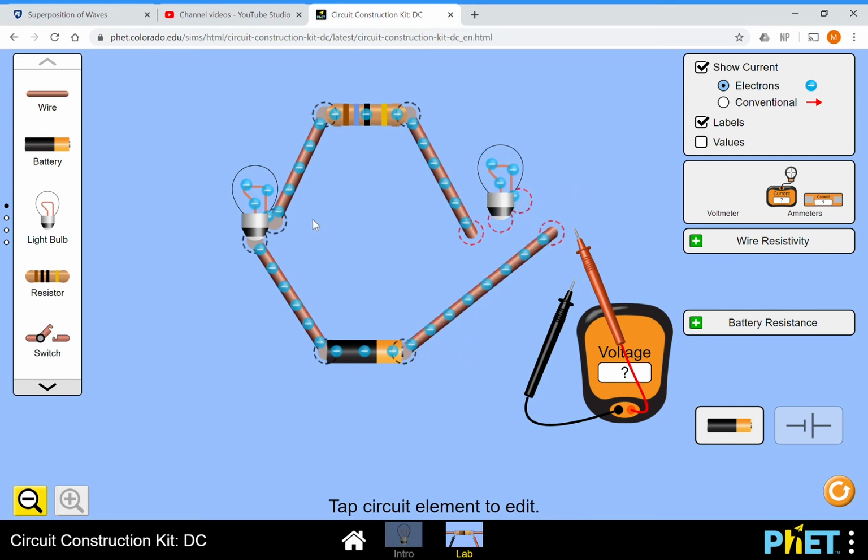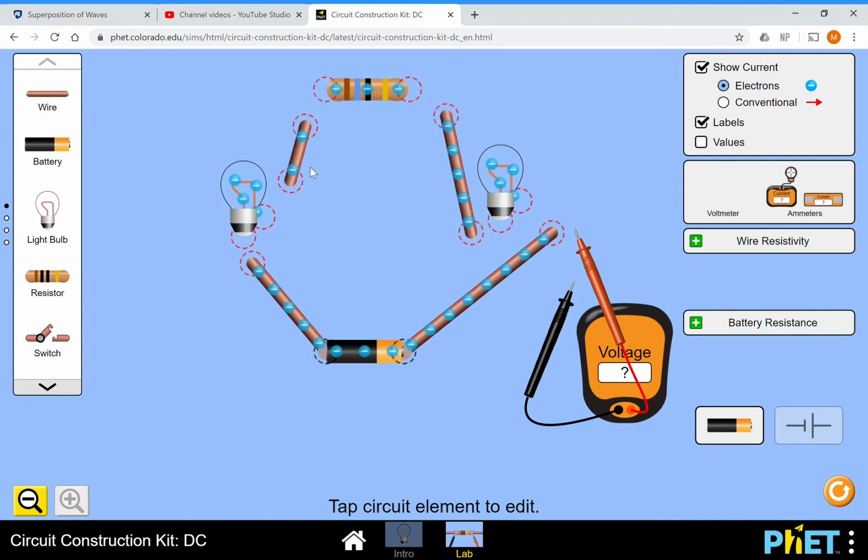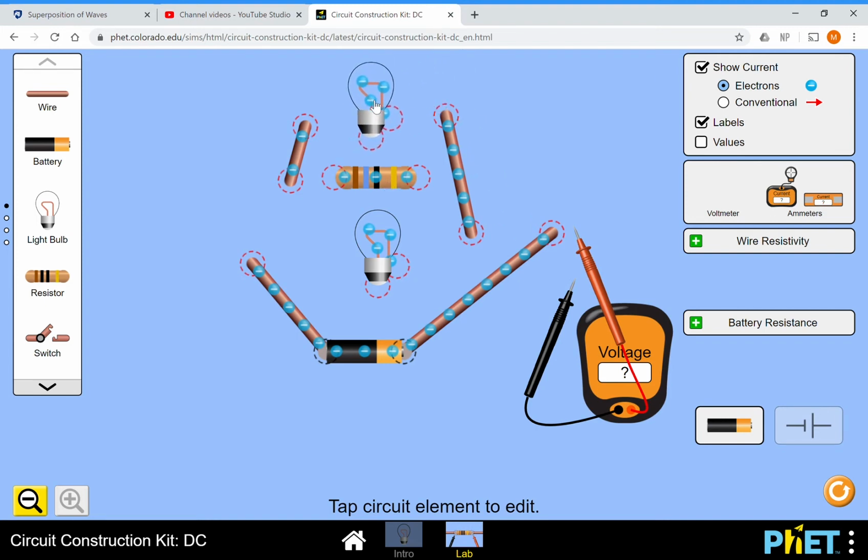And let's connect these things a different way. I'm going to break all these connections so that I have my devices, and I'm going to line them up differently, like this. Now I'm going to attach each one.